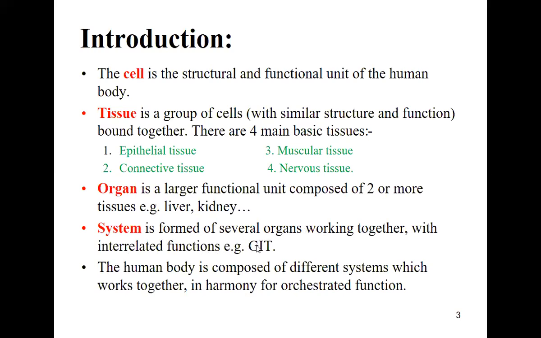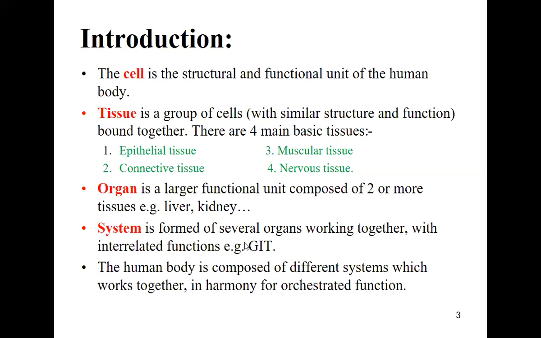One example is the gastrointestinal system, GIT, also called the gut or the alimentary canal. There are different names. The stomach belongs to this GIT. The stomach is an organ. Then the small intestine and large intestine all belong to the same GIT.